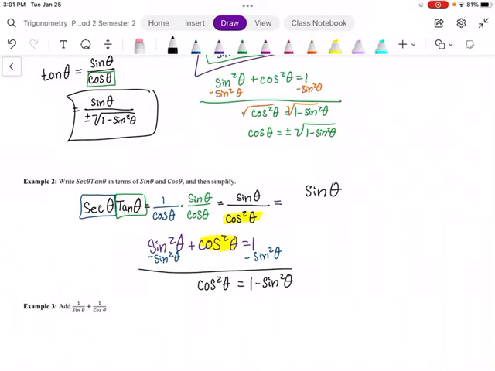So our simplified answer is going to be sine theta over 1 minus sine squared theta. If we were able to factor here, then we would, but in this case, we can't. So that would be our final answer.